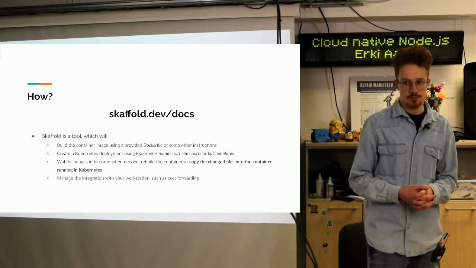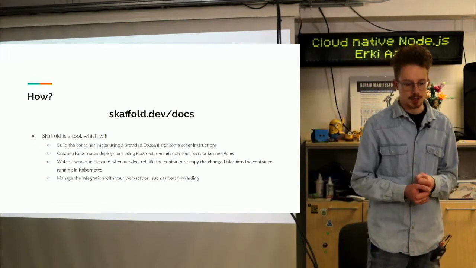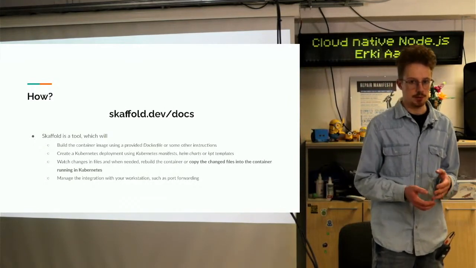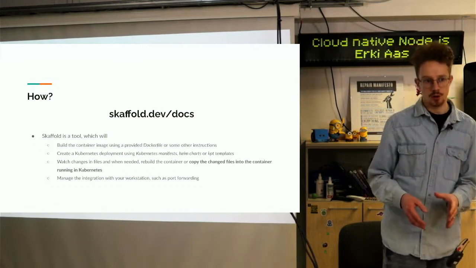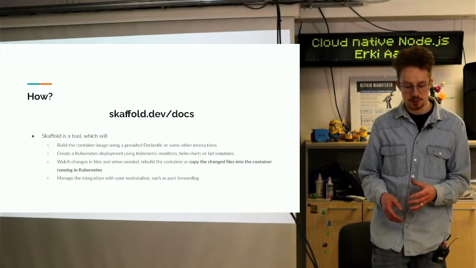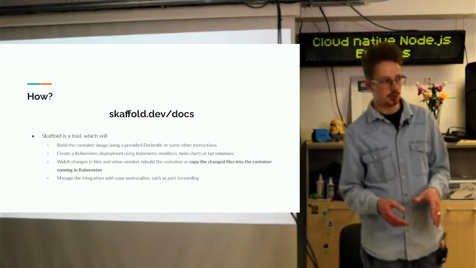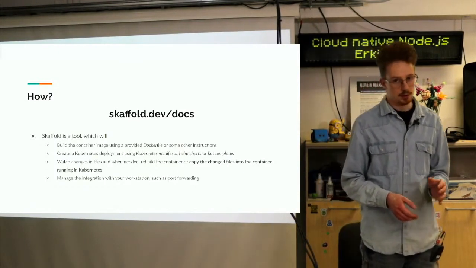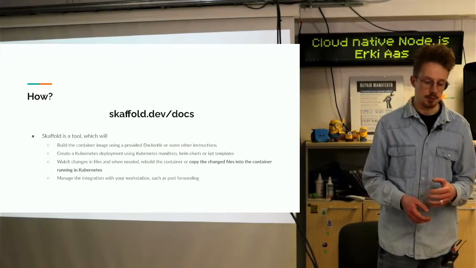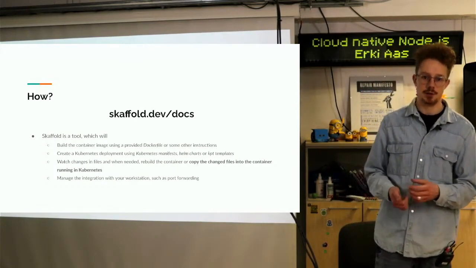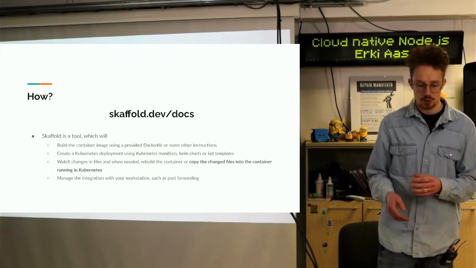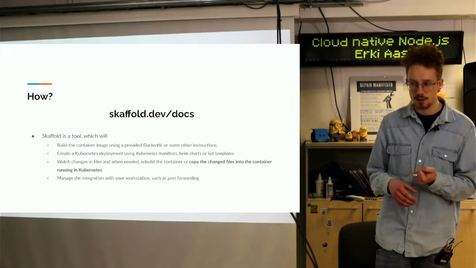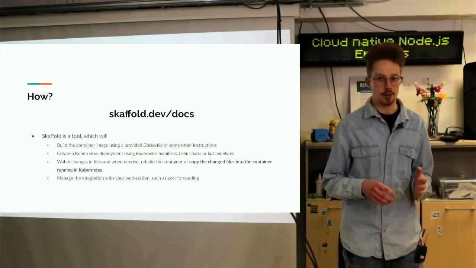I think a lot of people have seen continuous integration setups where you push something to a Git repo, and then a builder, or the pipeline, goes and creates it and deploys it. But doing changes and seeing how they work in that case takes a lot of time.